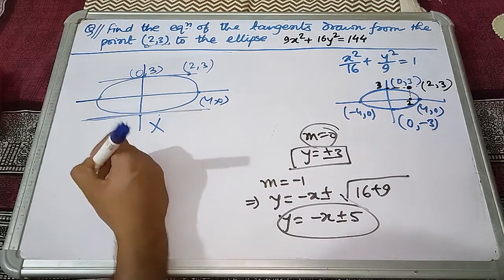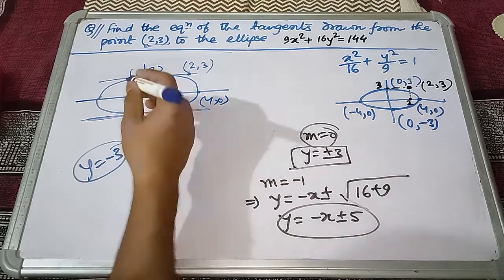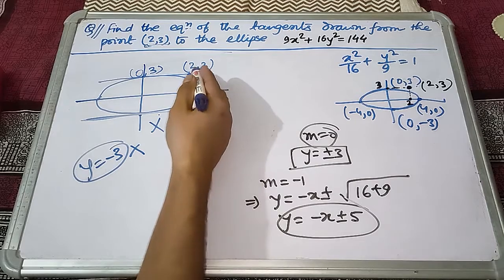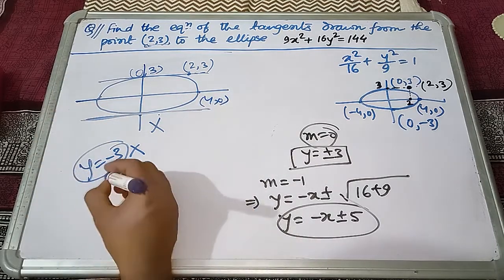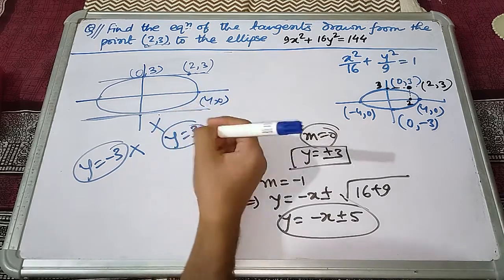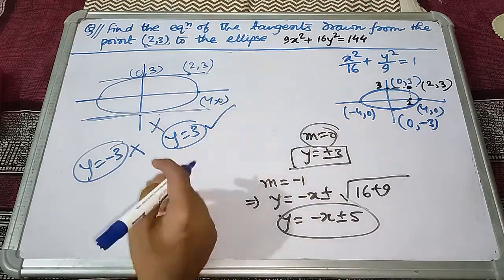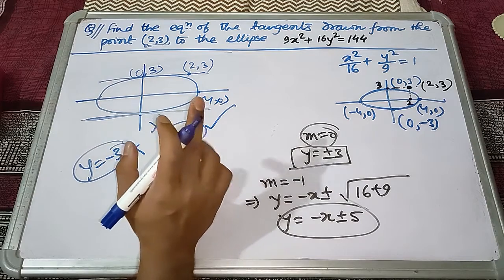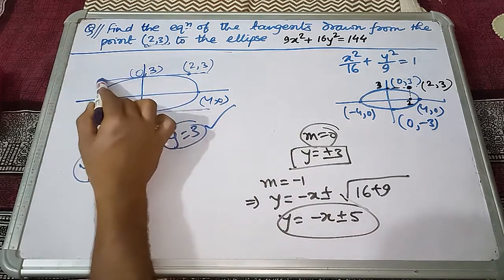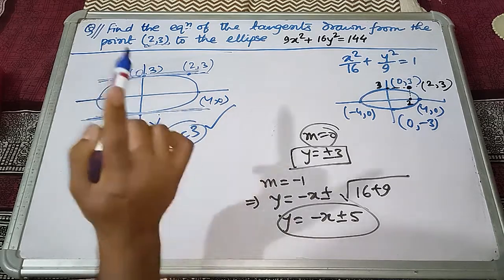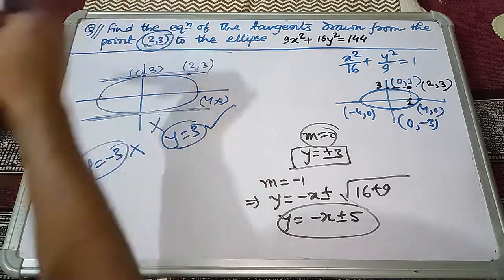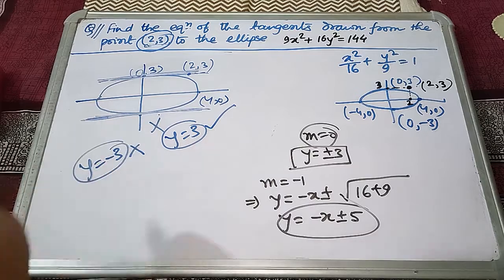Never. y equals minus 3 will never pass through 2 comma 3 because this point does not satisfy this line, correct? Now, y equals 3, does this satisfy? Of course it satisfies. Therefore this is a tangent, and we can also see that yes, y equals 3 is a tangent to this ellipse. y equals minus 3 is also a tangent to this ellipse, but it does not pass through 2 comma 3, so it does not satisfy our condition.